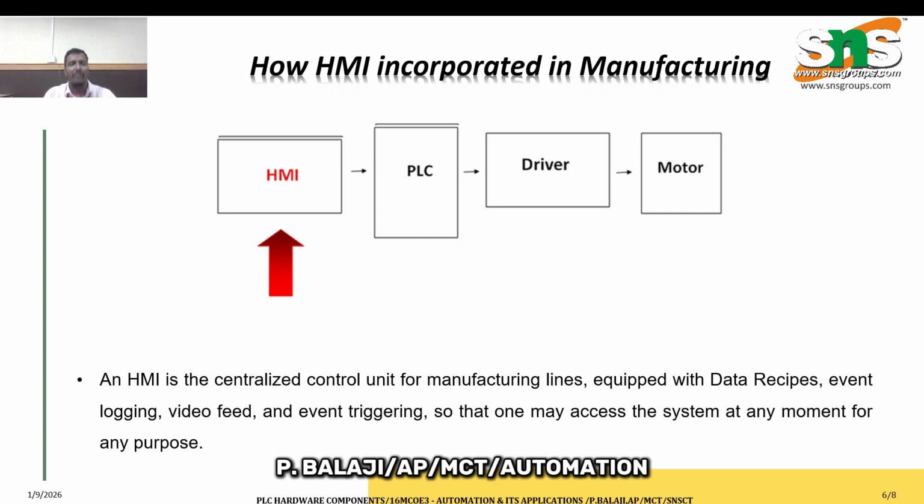It is one type of controlling application, and then we can control our driver devices, for controlling our DC motor, stepper motor, whatever we are using, and all those components will have bidirectional communication between them. Okay, so HMI is a centralized control unit for manufacturing lines, equipped with data recipes, event loggings, video feed, and event triggering, so that the system may be accessed at the moment for any purpose.